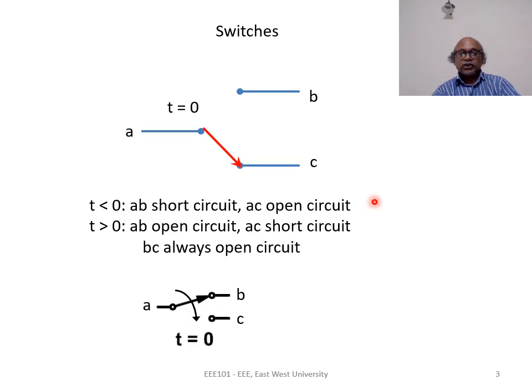Here again the direction of the arrow indicates how the lever is thrown at t equal to 0. Here again we have a single pole, but there are two possible ways for throwing the switch. So this type of switch is called single pole double throw, or SPDT switch. Okay, we have understood the basic types of switches.